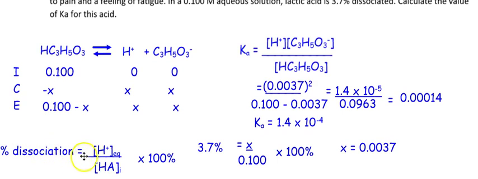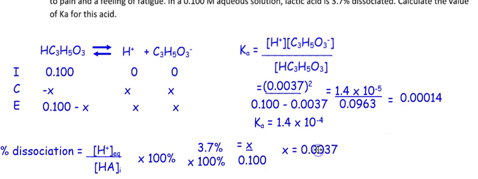So if I know the percent dissociation equals 3.7% equals X over 0.1, my initial, times 100%, I first divided both sides by 100%. So this is 3.7 divided by 100, which is 0.037. Then I multiplied it by 0.1 to get 0.0037.